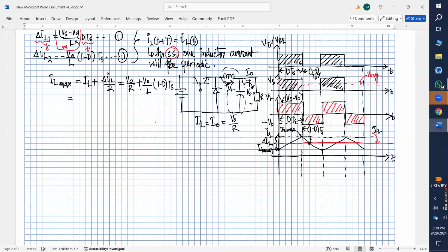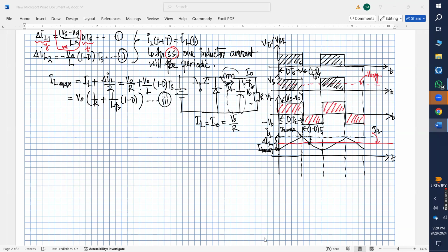TS is nothing but 1 over Fs. So if we take V naught common, then we get 1 over R plus 1 over L Fs, instead of Ts we are considering Fs, multiplied by 1 minus D. That is the equation for IL max. Any question?